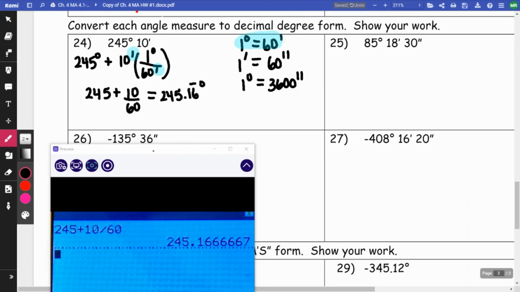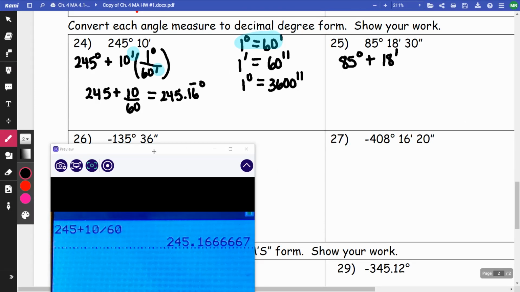For number 25, I'm going to have 85 degrees plus 18 minutes. And to convert minutes, I'm going to start with 60 minutes on the bottom, 1 degree on top, plus I'm going to change my 30 seconds. Again, I'm trying to change it to degrees, so I'm going to have 1 degree, and 1 degree is the same as 3,600 seconds.